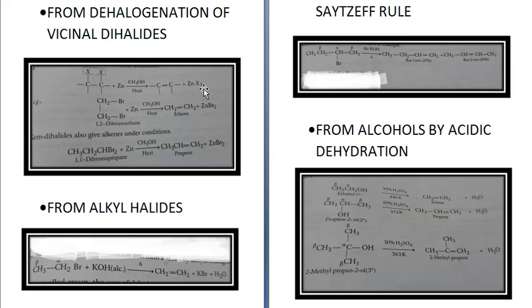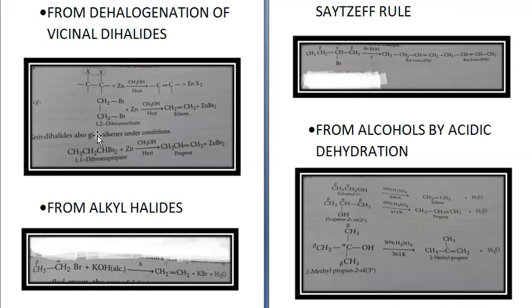So zinc attaches to the two halogens. So example you can see over here, CH2Br, CH2Br. This is 1,2-dibromoethane plus zinc in presence of methyl alcohol and heating gives you CH2 double bond CH2, that is ethene plus ZnBr2.